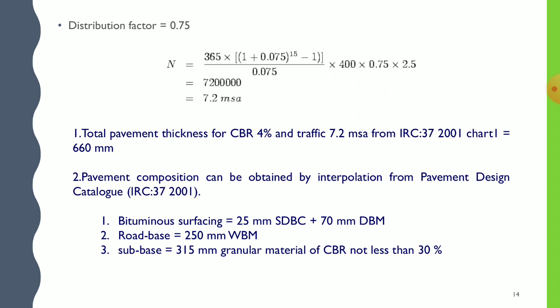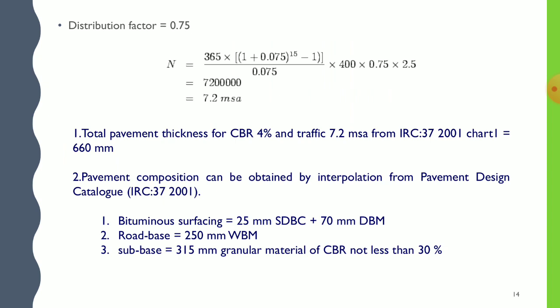So for total pavement thickness, CBR is 4% and traffic is 7.2 MSA. From IRC 37 chart 1, we can conclude that the total depth of the pavement should be 660 mm.